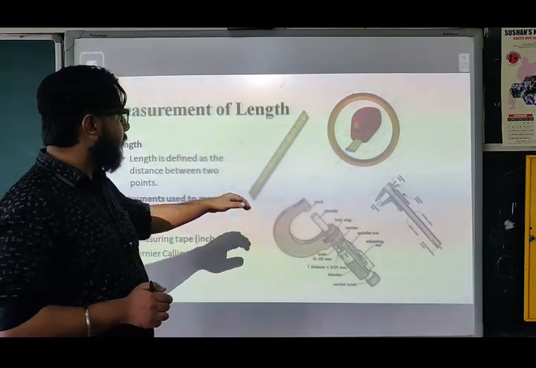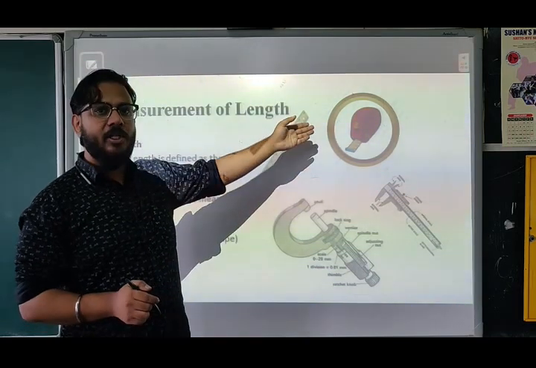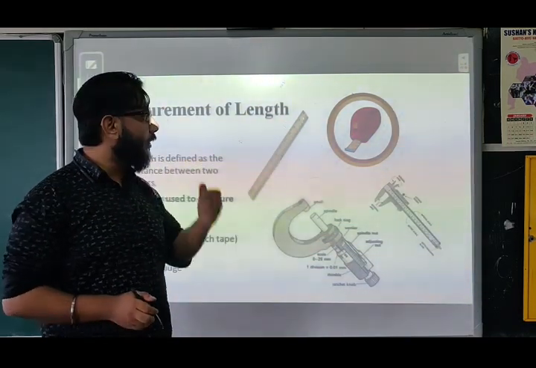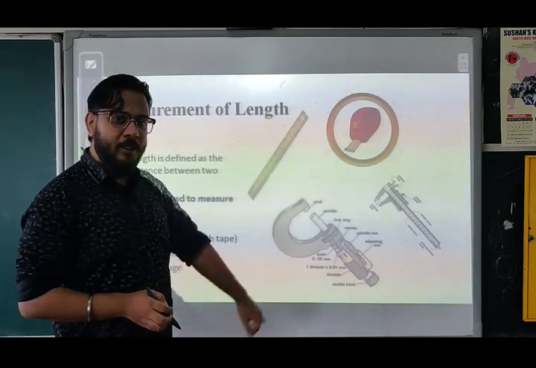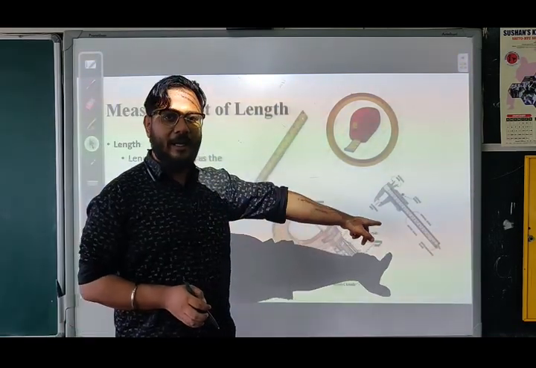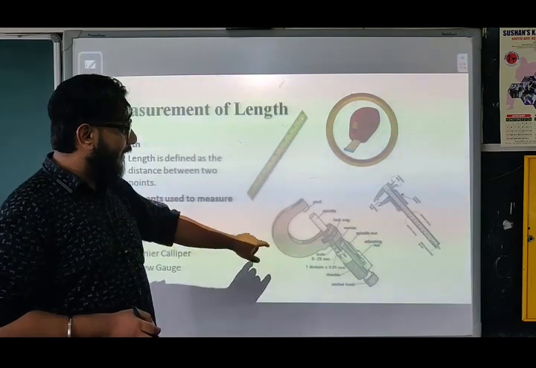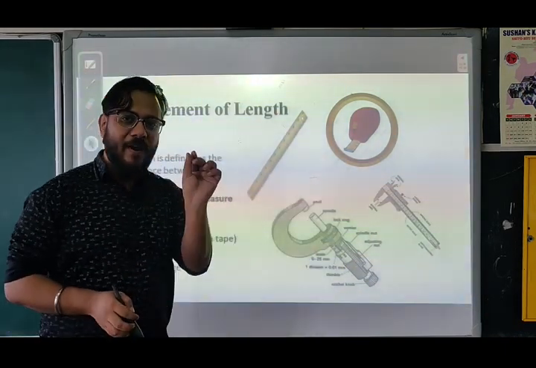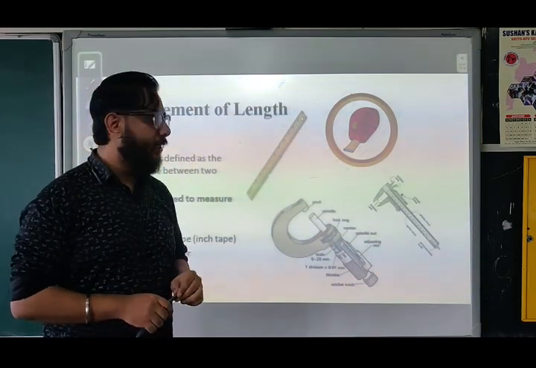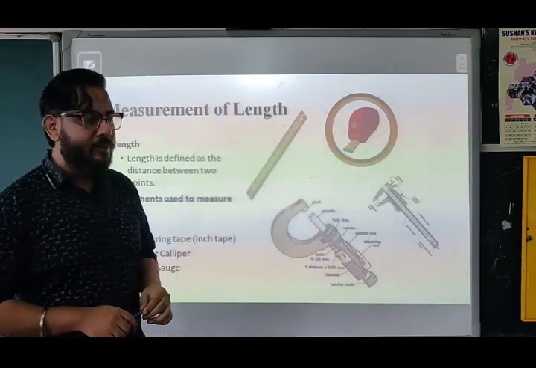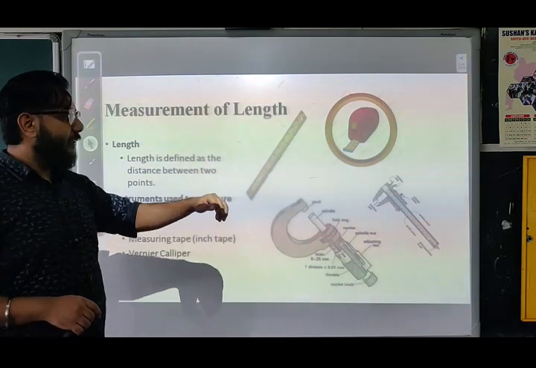Normally we measure distance with a ruler or inch tape. Other devices are the screw gauge and vernier caliper. This is how they look. These are used for very small, very tiny distances. You will study about these in higher classes, so I'm not going to go into details about these.